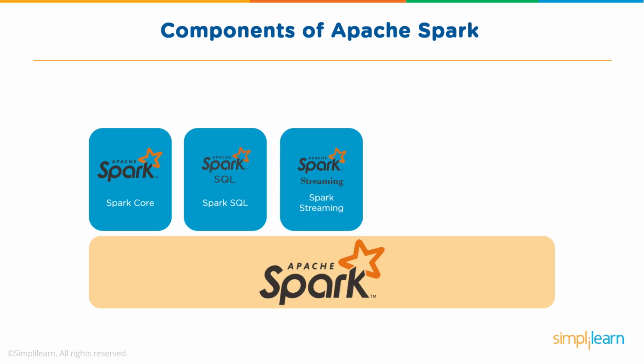You have Spark Streaming. That's again an important component of Spark, which allows you to create Spark streaming applications, which not only work on data which is being streamed in or constantly getting generated, but you could also transform the data. You could analyze or process the data as it comes in smaller chunks.